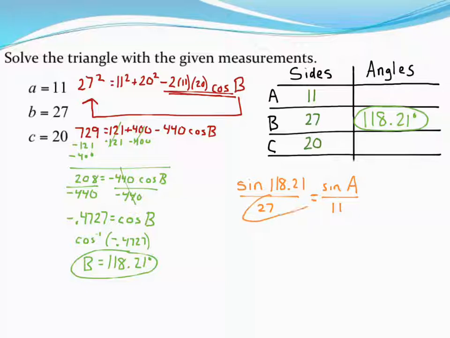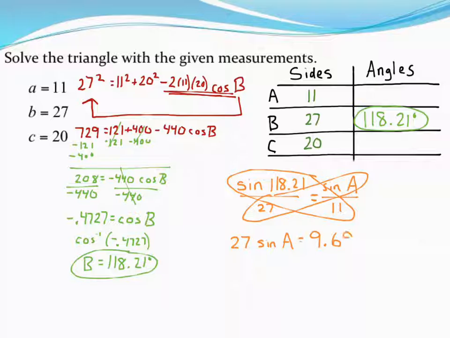So I'll do some cross multiplying. 27 times sine A, not much I can do with that, so I'm just going to write 27 sine A equals, and I'll cross multiply the other way as well. So 11 times the sine of 118.21 comes out to be about 9.69. To find angle A, let's divide by 27.